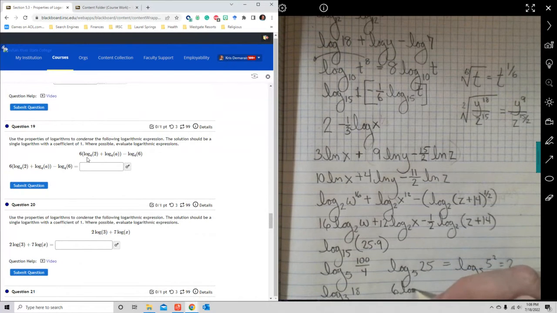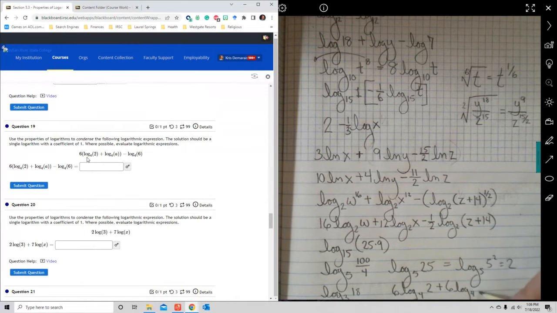So you have log base 4 of 2, plus 6 log base 4 of A, and then minus log base 4 of 6. Now we're going to get log base 4 of 2 to the 6 times A to the 6, and all of this is going to be over 6. So that's what our answer is.